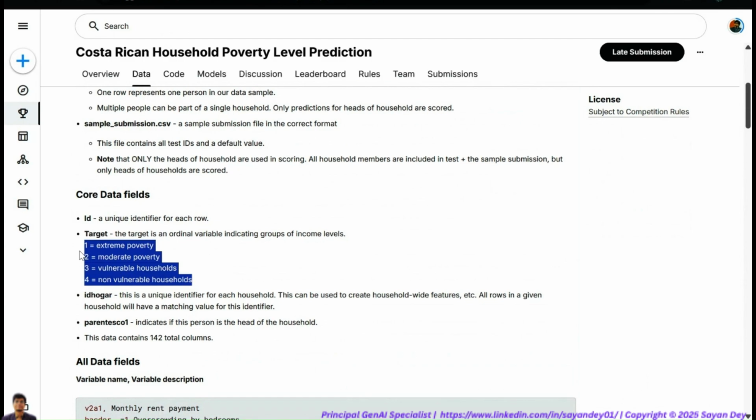Model predicted vulnerable, but actually it is moderate. But they're all oscillating between the same poor category. So a sure shot way to increase the accuracy of the model would be to group these three categories and call them poor, and to group this category and call them rich.